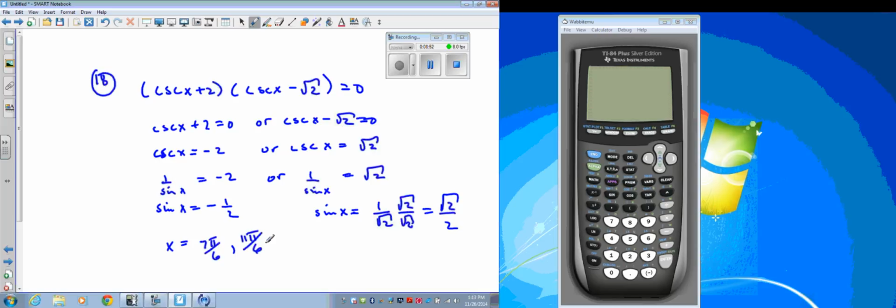And then for square root of 2 over 2, you have pi over 4, 3 pi over 4. Everyone see it? You use your unit circle or whatever.